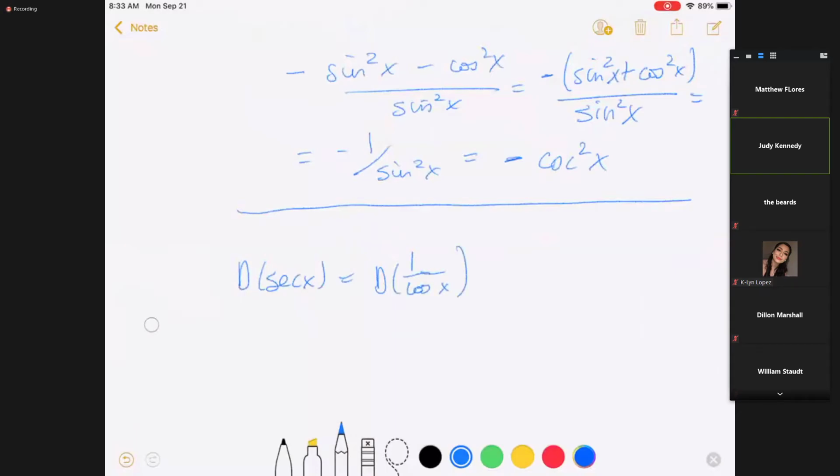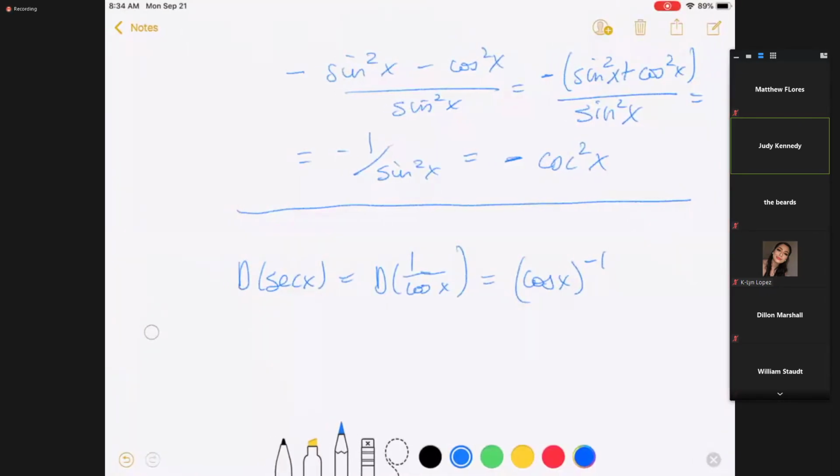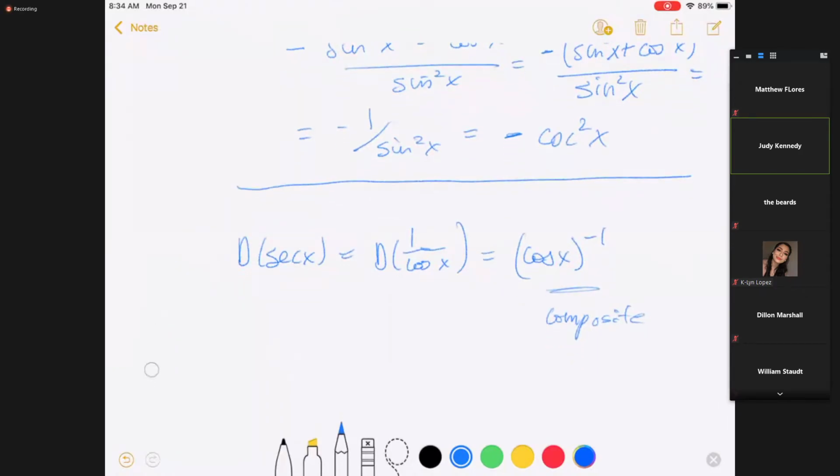And, well, I could use the quotient rule, or I could also just think 1 over the cosine is the same as the cosine of x raised to the minus 1. And then, okay, if I write it this way, I really have a composite function. I will do it both ways.